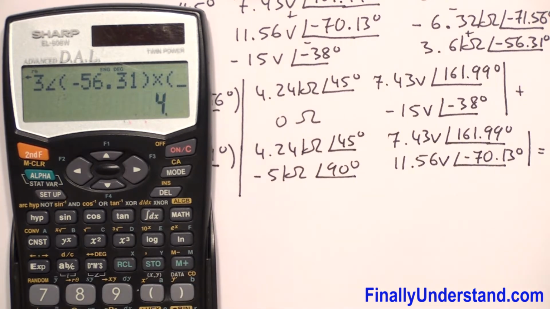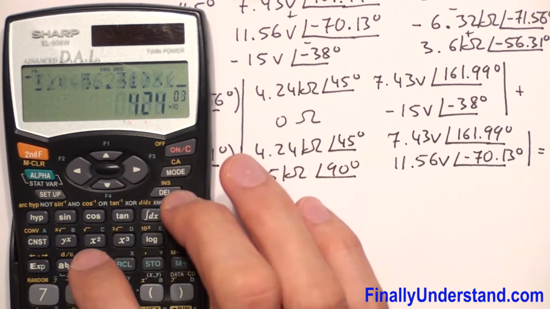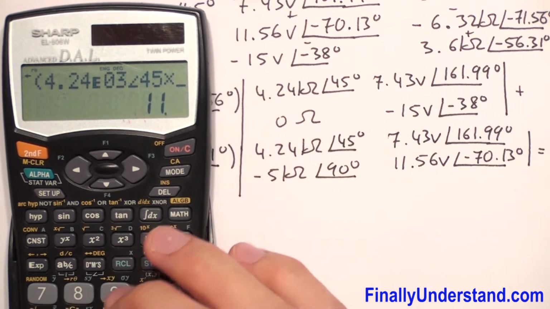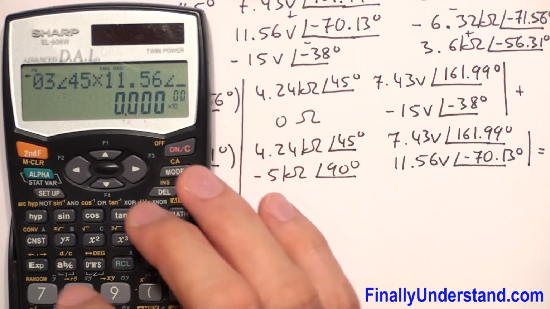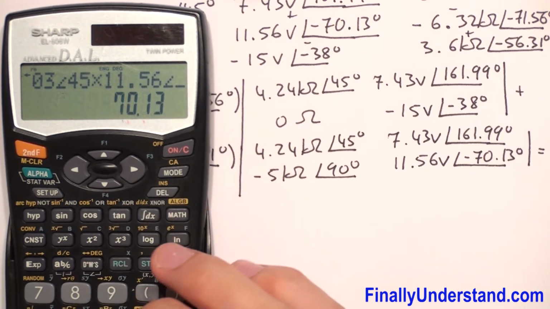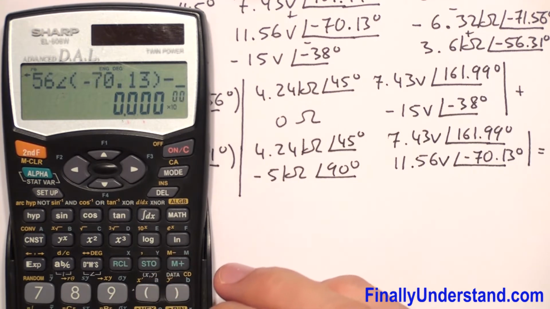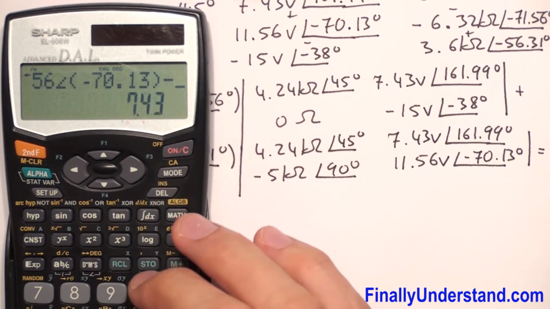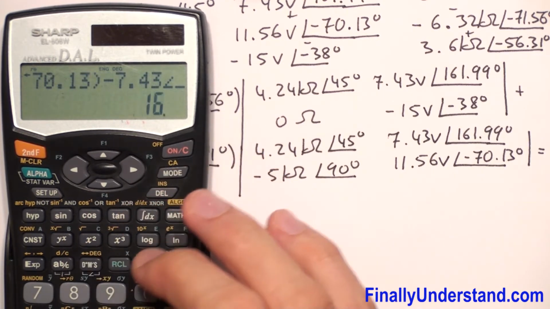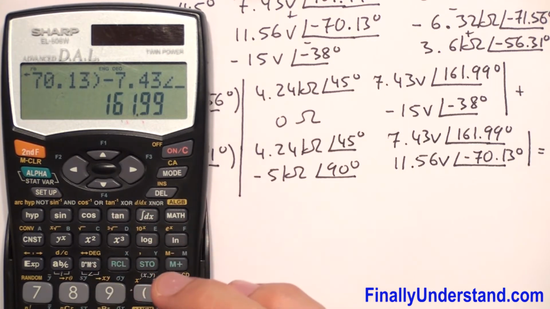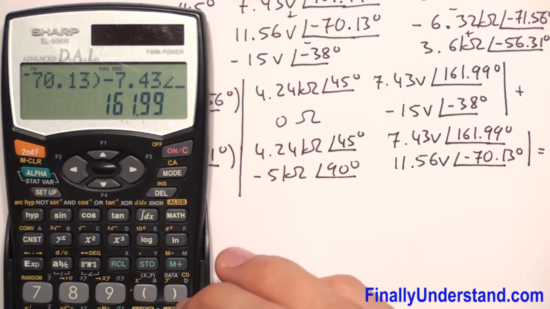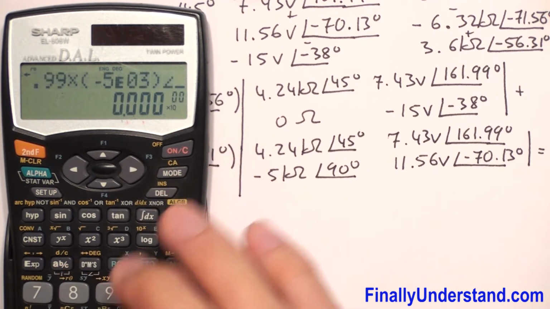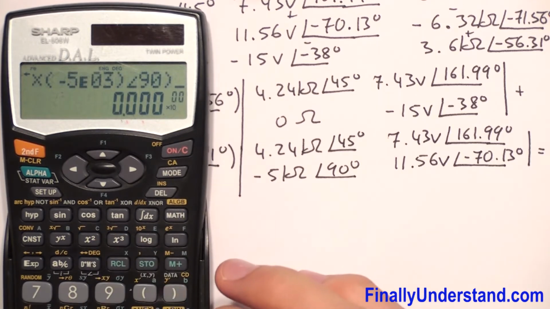So I have 4.24 exponent 3 and angle of 45 times 11.56 and angle of negative 70.13, minus 7.43 and angle of 161.99 times negative 5 exponent 3 angle of 90 degrees, close parenthesis.